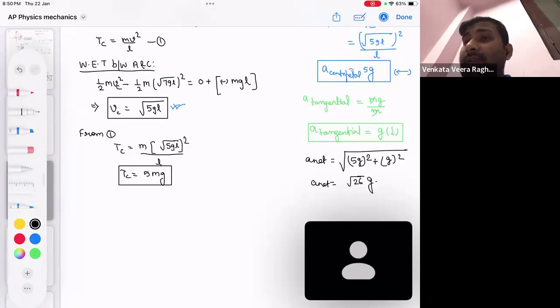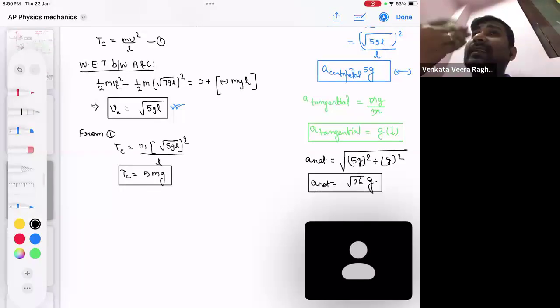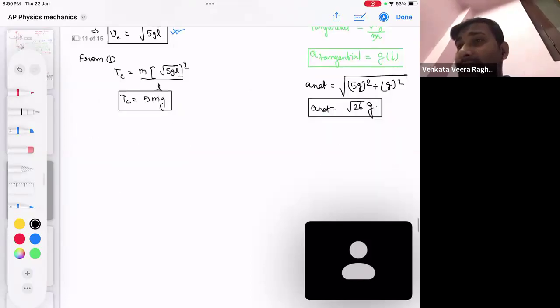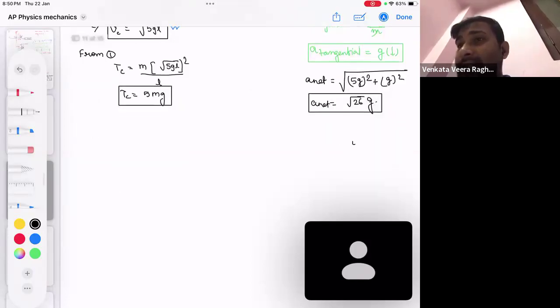What else can you find out? The angle made by net acceleration with the radial line, or the angle made with the tangential line, can also be asked. Here the centripetal acceleration we got is 5g, and the tangential acceleration is g.